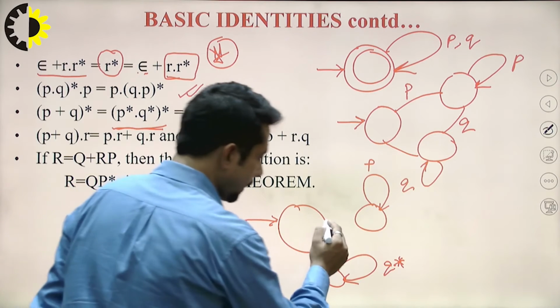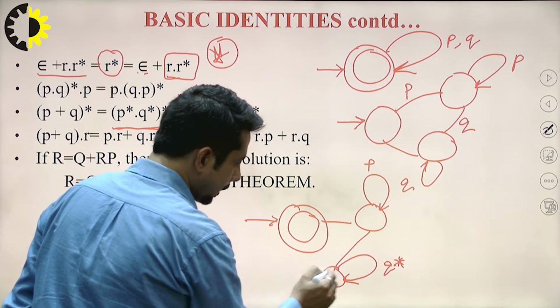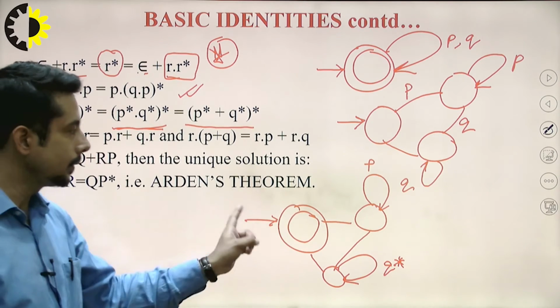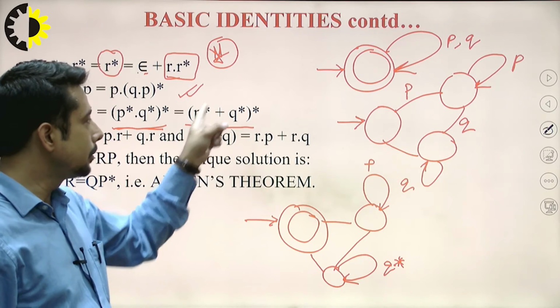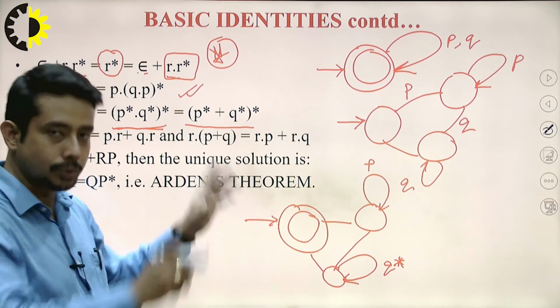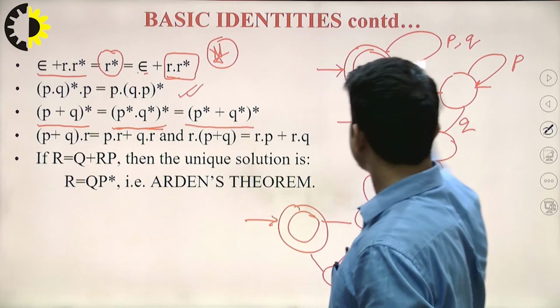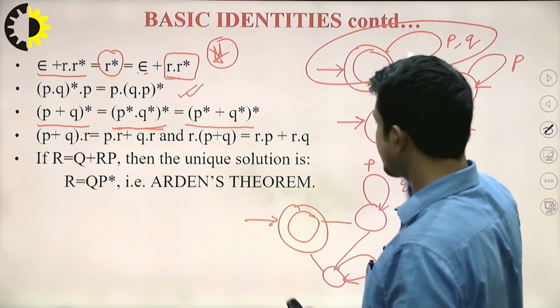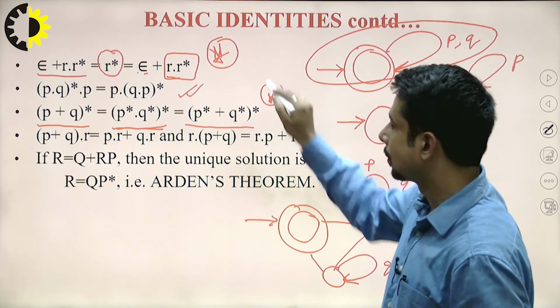So that means we are trying to enter into this state, and this is making a loop type, so we have the same concept over this state. So this means (P*+Q*)*. So this particular concept resembles both the cases. So this is also a very, very important concept.